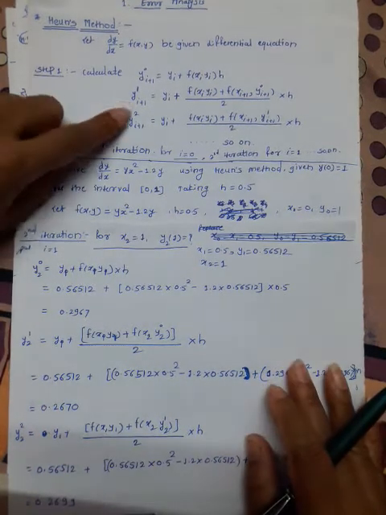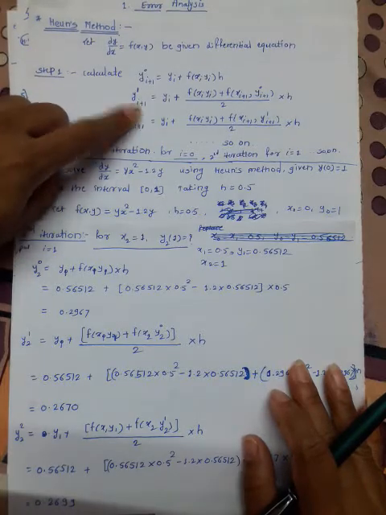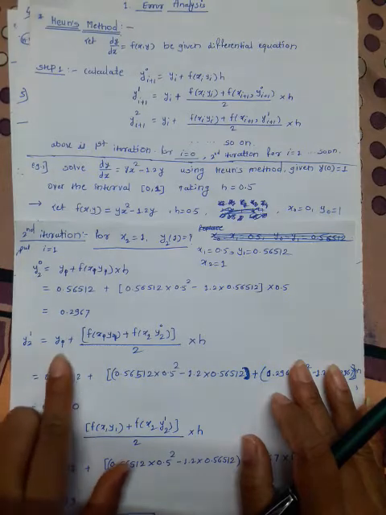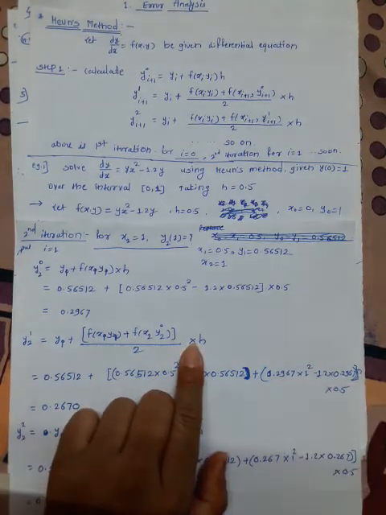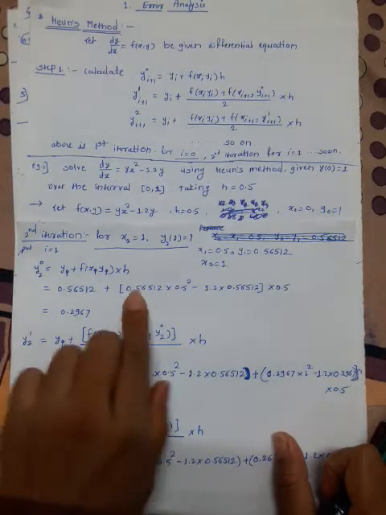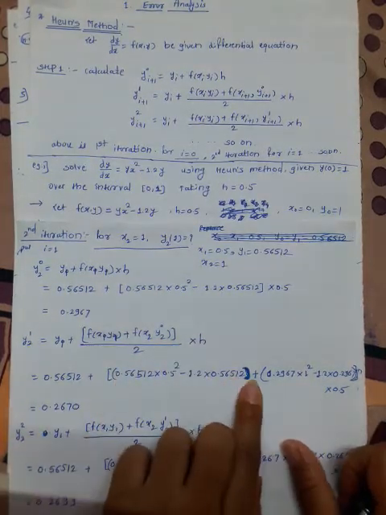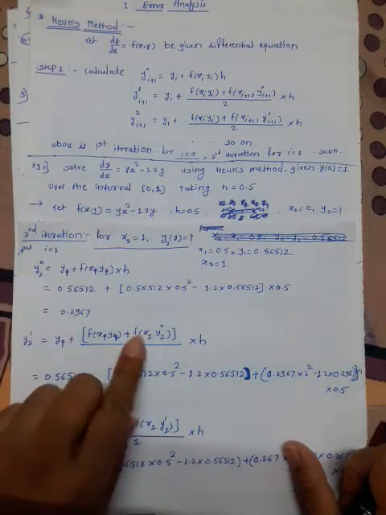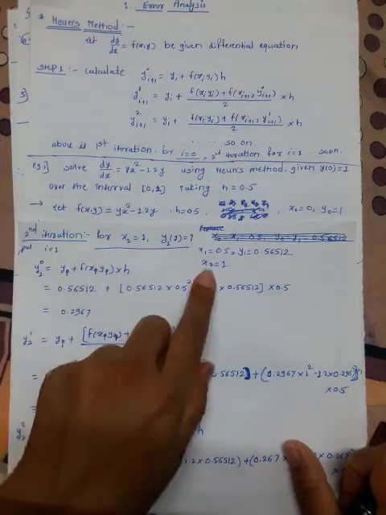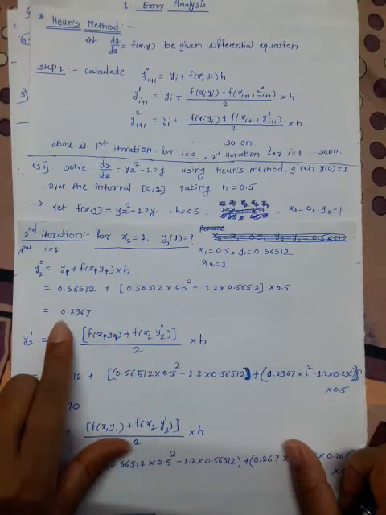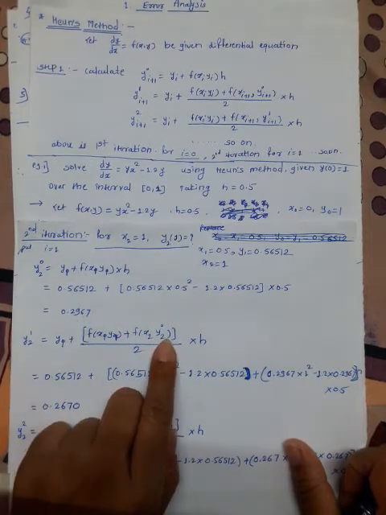Okay, now next, y1 plus 1 is 2, y2 1. Put the value i is equal to 1 everywhere, we get this formula. Now in this formula, y1 as it is, f of x1, y1 is this step as it is, plus f of x2, y2 means in this function replace x by x2, x2 is 1, and y by y2, y2 not is this earlier value.